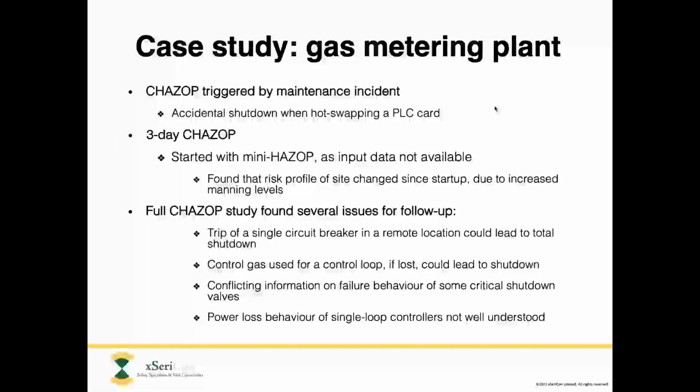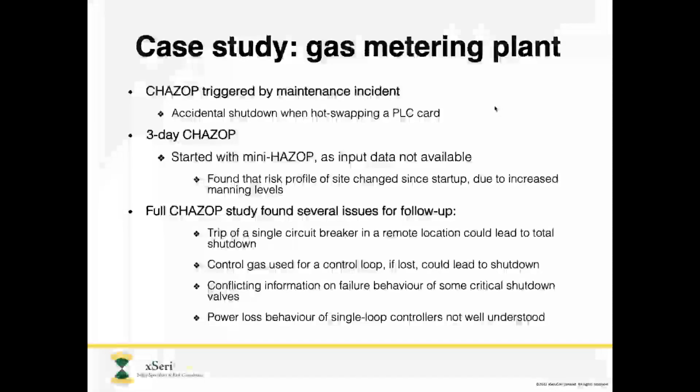And one of the issues we found was that the previous analysis they had done of risks was significantly out of date because the original operating concept for the plant was that it would be mostly unmanned. But since startup, they'd found that the plant needed to be manned most of the time.